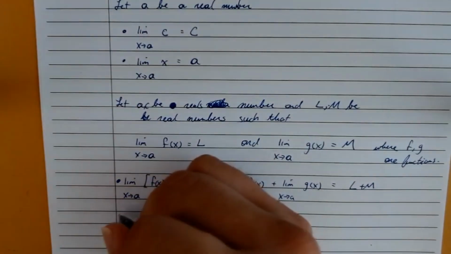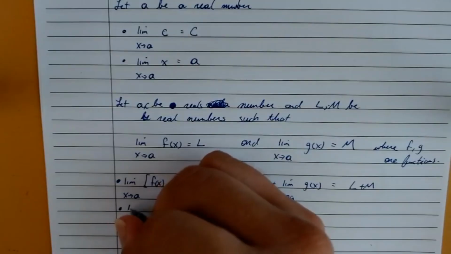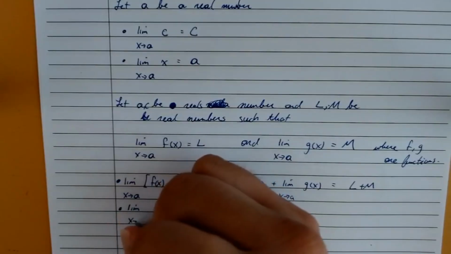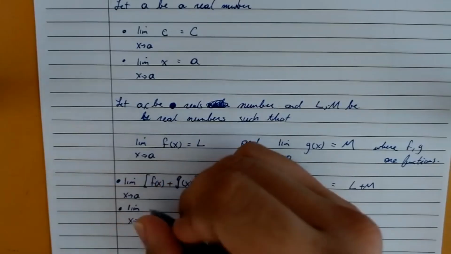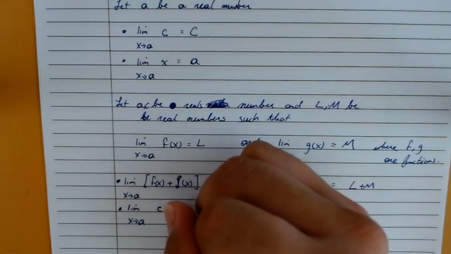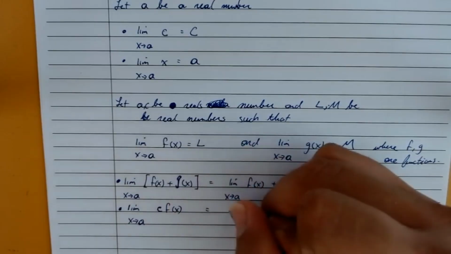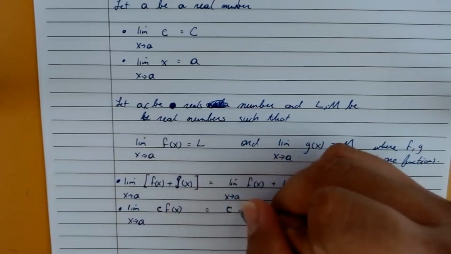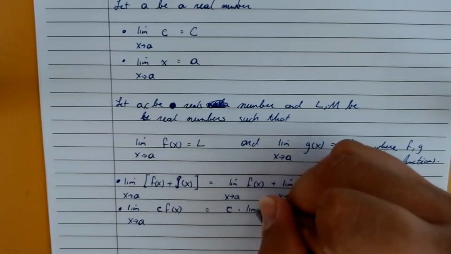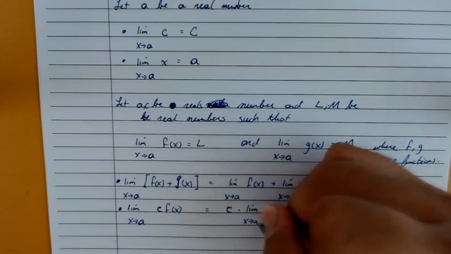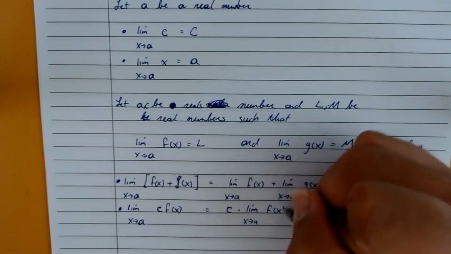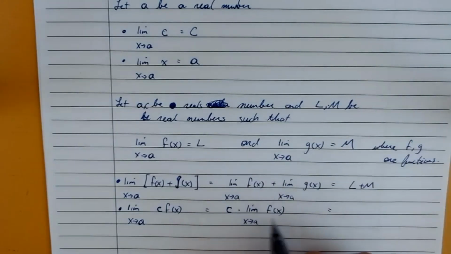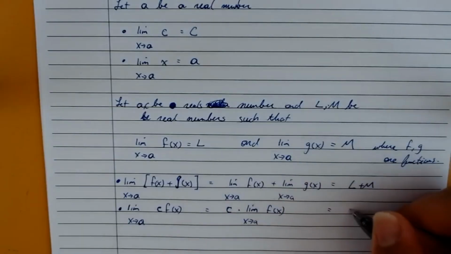All right. Then the next property is if I take the limit as x approaches a of a constant times my function, that's the same as saying I'm going to take the constant and multiply that by the limit as x approaches a of f of x. Or in other words, it's equal to L times C.